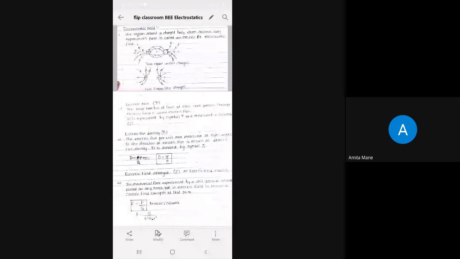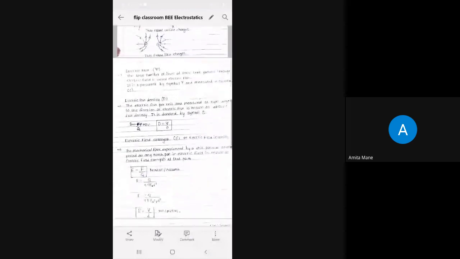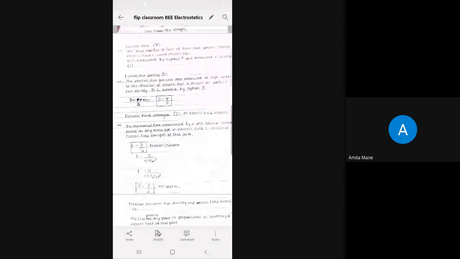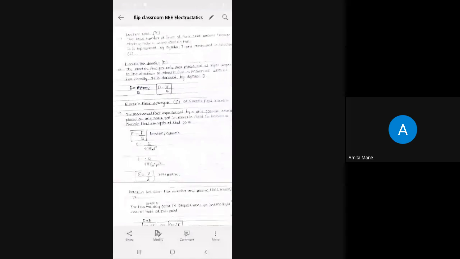In the second diagram, two equal like charges are repelling each other. The next part is electric flux. Electric flux is the total number of lines of force that pass through an electric field, and it is denoted by the symbol psi, a Greek letter, and is measured in coulomb.